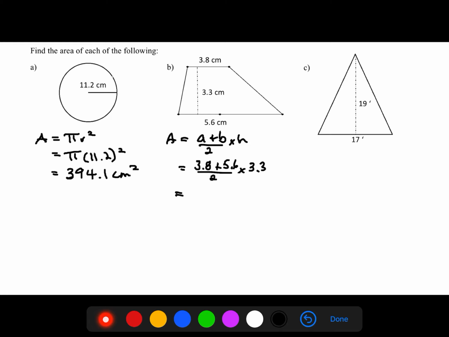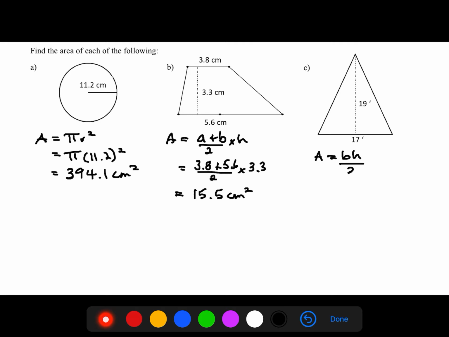And again, we can do this all in our calculator in one step. 3.8 plus 5.6 divided by 2 equals, and then multiply by 3.3. And when we do that, we notice that we get 15.5 square centimeters.